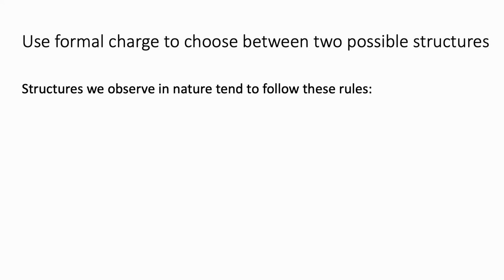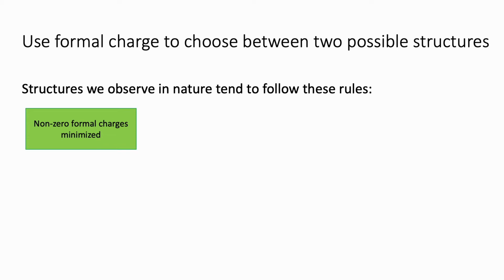So why would we even calculate formal charge? The answer is that if you're trying to draw a structure for a molecule and there are multiple possibilities for the structure, you can use formal charges to determine which of them are more likely to be observed in nature. And the structures we observe tend to follow very specific rules. First of all, molecules tend to minimize non-zero formal charges.